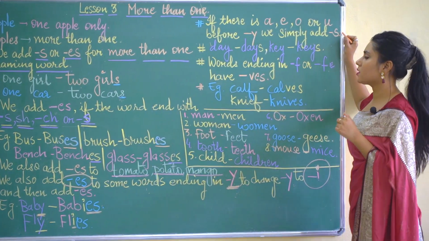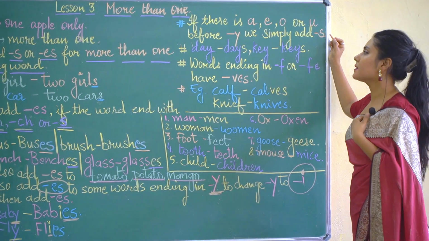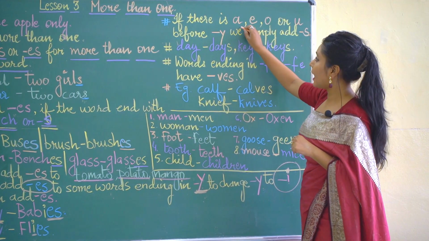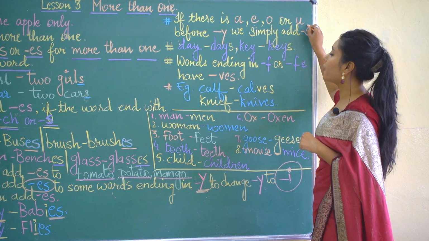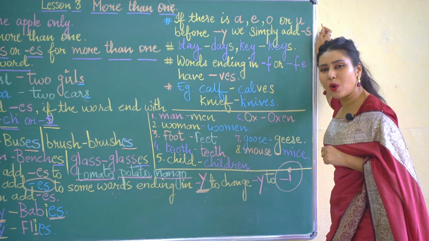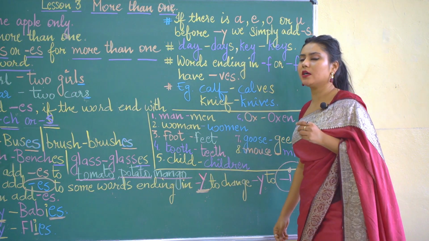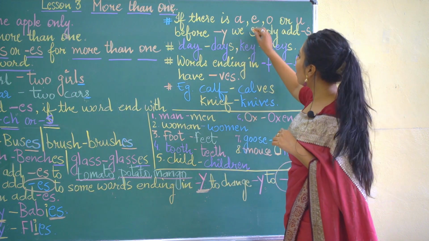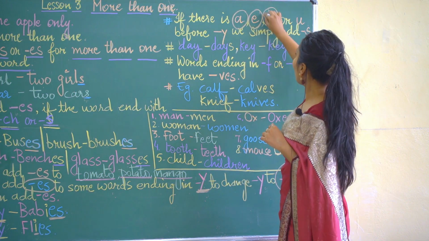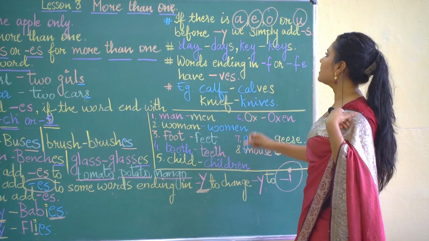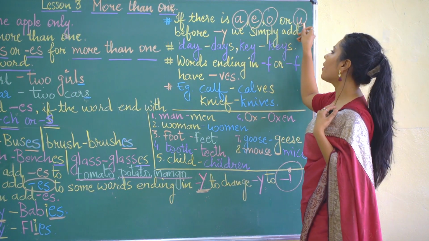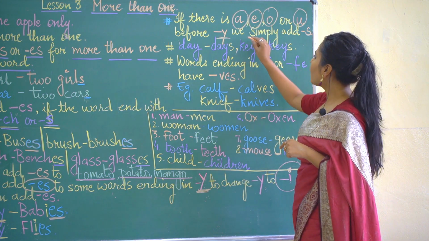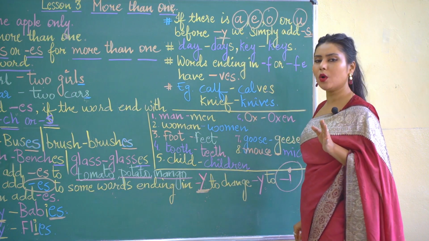Another thing that we have here, children, as a rule is if there is A, E, O or U. Children, we've studied about vowels. Vowels are A, E, I, O, U. So just remove I and focus on A, E, O or U. If there is A, E, O or U before Y, children, before Y, we simply add S, that's all.